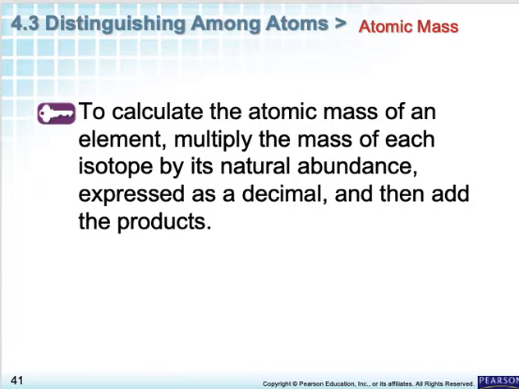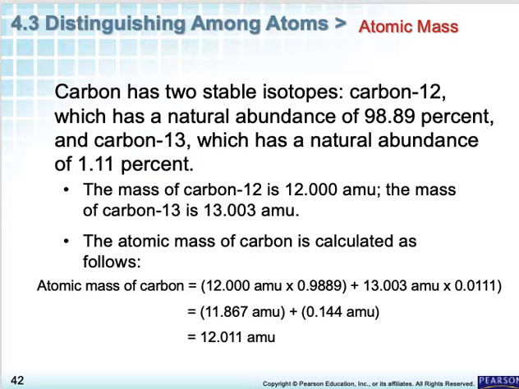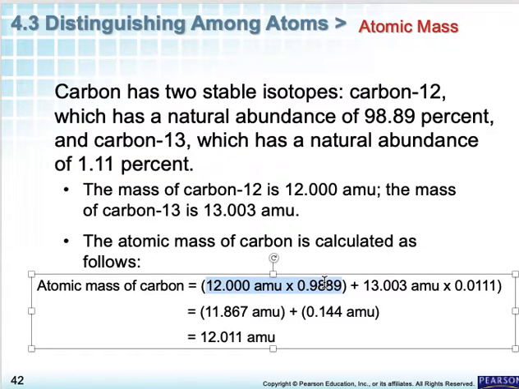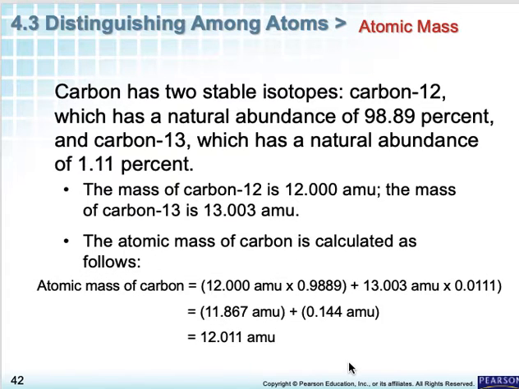To calculate the mass of an element, you multiply the mass by the isotope's natural abundance as a decimal, and then add those products together. Here in the book, they show you calculating out this number plus this calculation, and I prefer you do it all in one calculation, get right down to this number here, and then round according to significant figures.